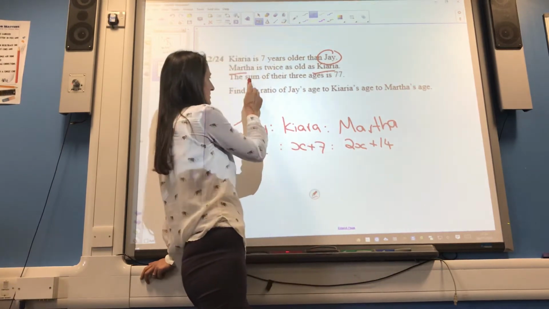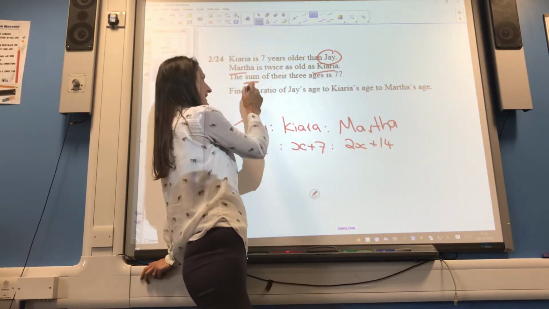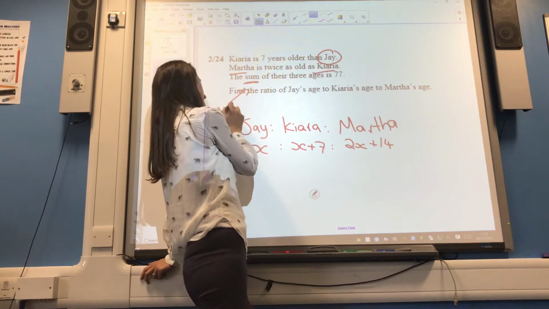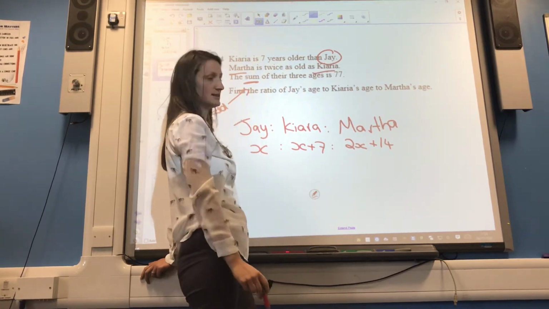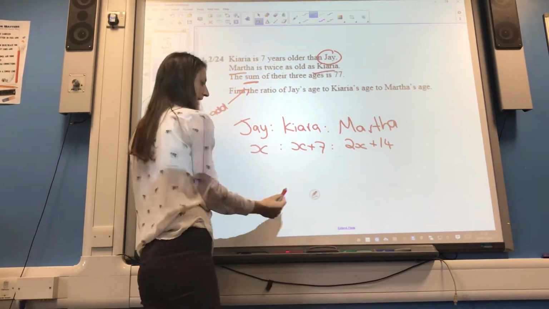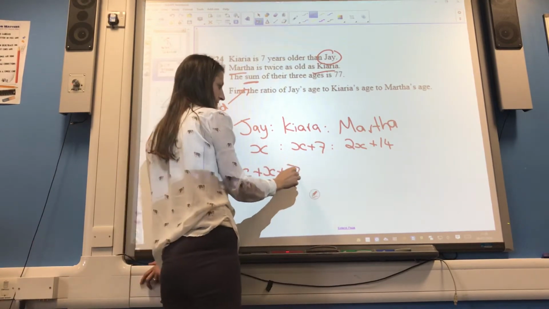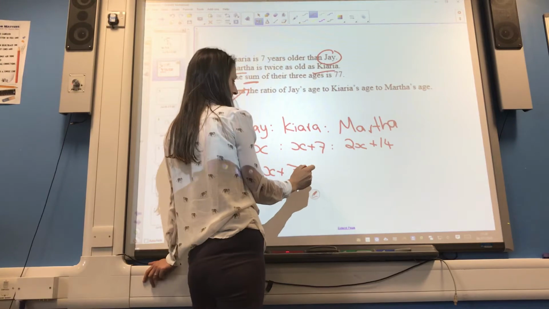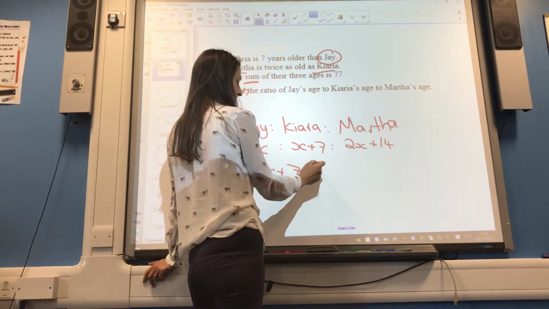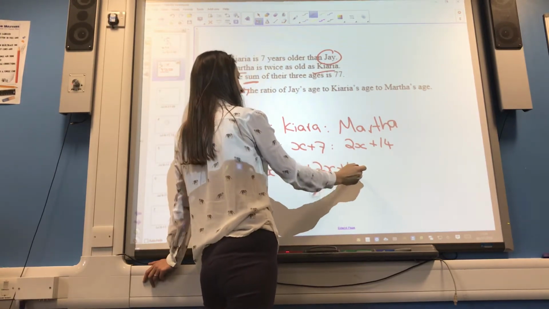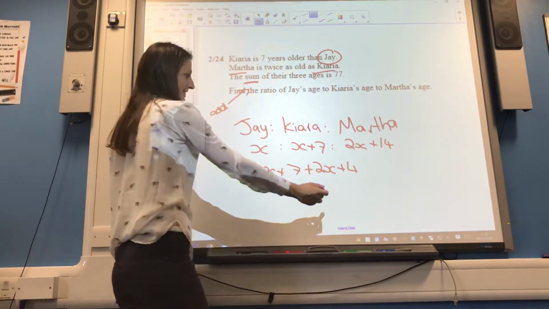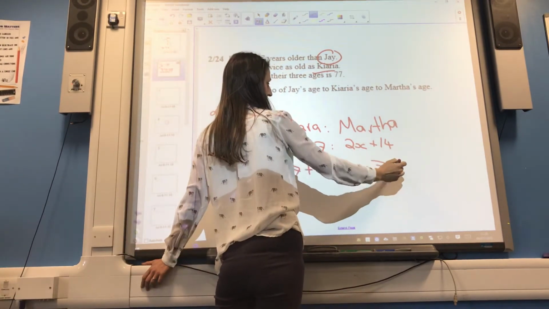And then we know that the sum, that just means add up, of all their ages is 77. So if I want to add these up, X plus 7 plus 2X plus 14 will give me 77.